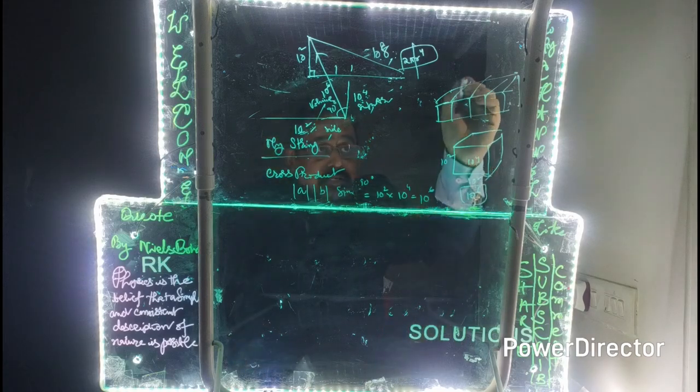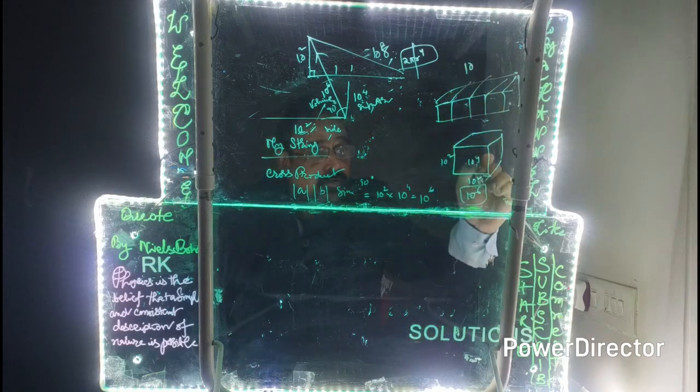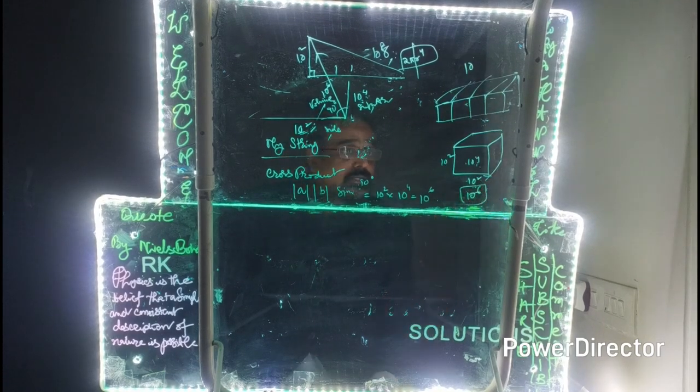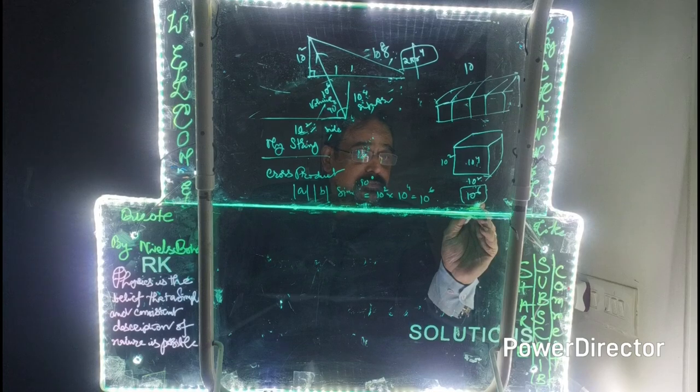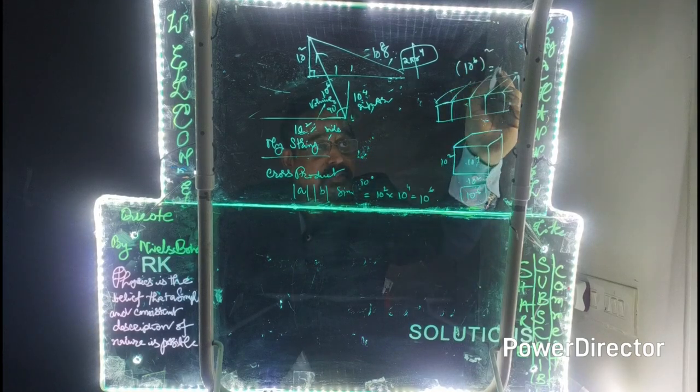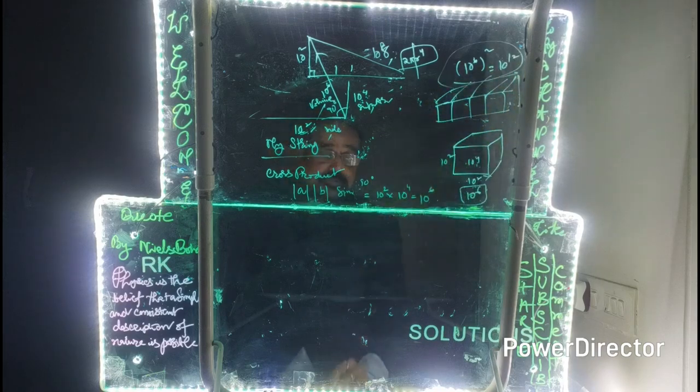So this is 10 raised to 6, whole squared. You will do it this way.